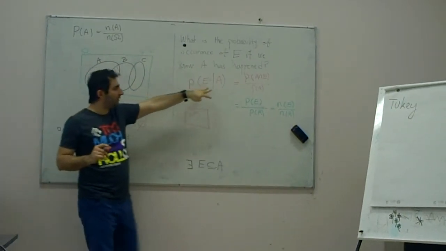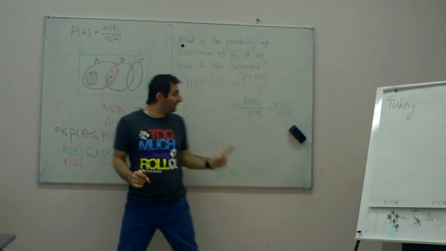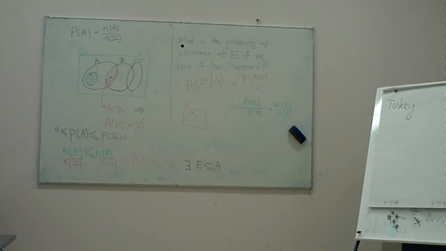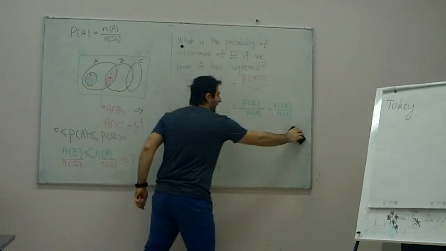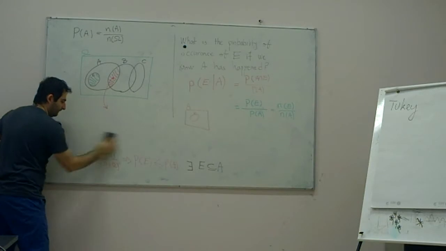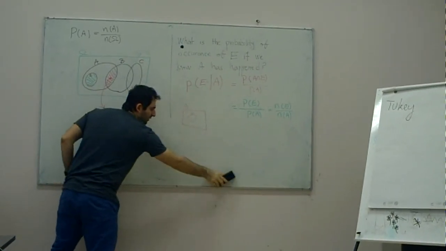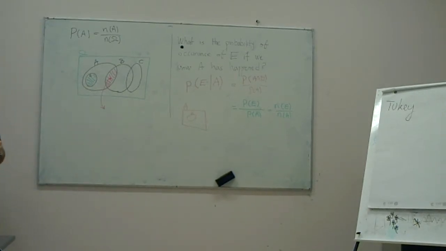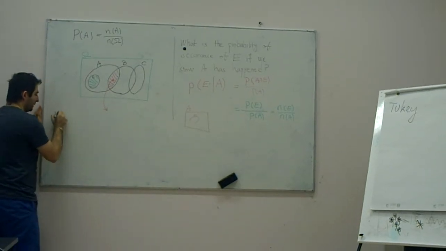The general formula is this, but because of the situation that we have in this Venn diagram, we can represent it in this form. Now, let me change the question a little bit and see how we can calculate the probability. As I said, this is called Bayes' rule. You might have seen it, but we will talk about it a bit later and show more complicated examples.